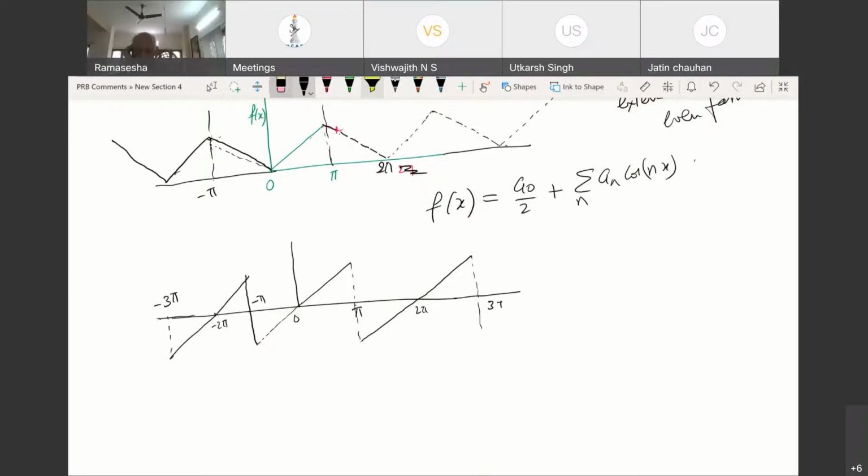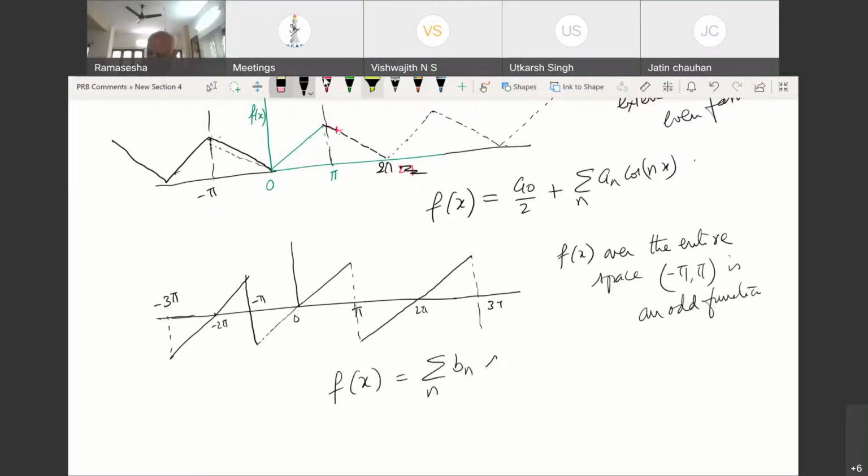So the way I have extended it, this f of x is an odd function, and this is equal to sigma over n b n sin nx. What I am interested in is only the value in this region, the expansion in this region.